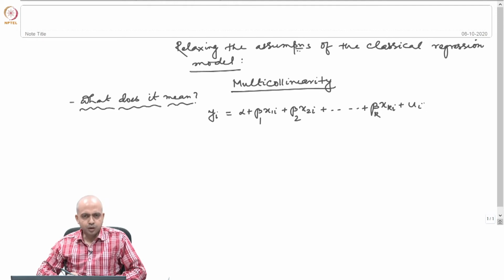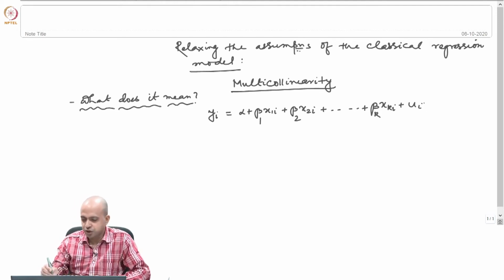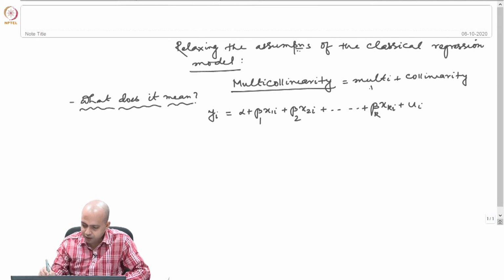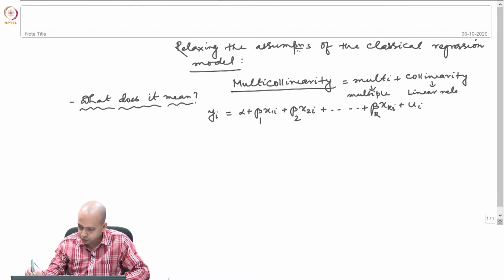Then the term multicollinearity, if you decompose it, equals multi plus collinearity, and multi means multiple, and collinearity means linear relationship.